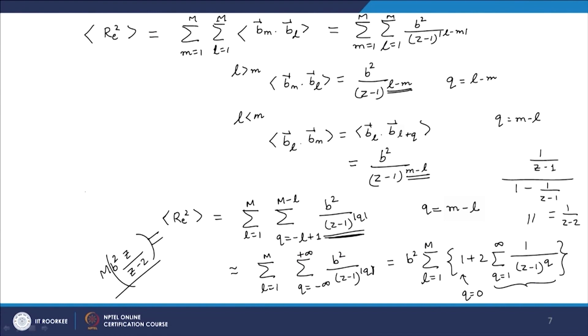The scaling law is still going to be unchanged. Okay. So, this is what we have seen, that the scaling law, that the mean square end to end distance proportional to the number of steps or the number of segments, does not change even if we allow for the case when the folding back is not happening.